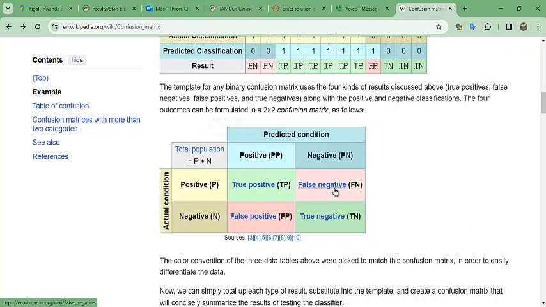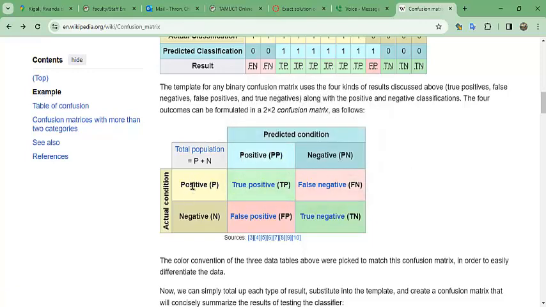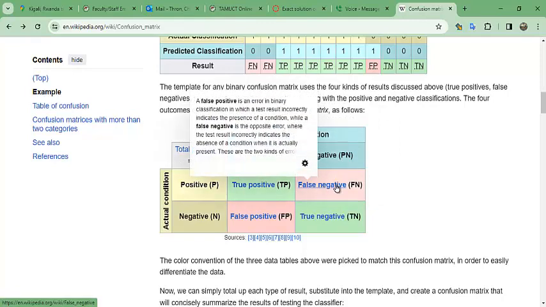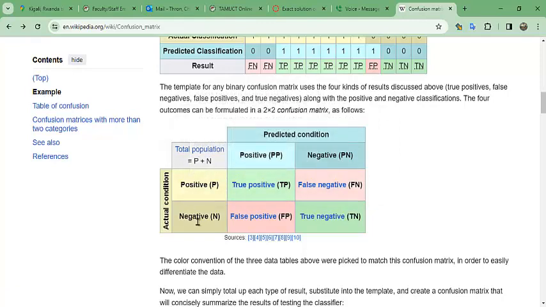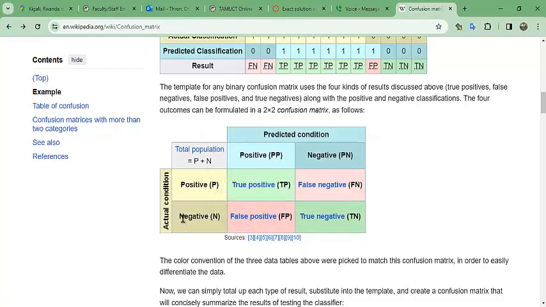Now, the terminology is introduced in this diagram here. Here's the same picture. The actual positive that is correctly predicted is called true positive. Actual positive that is incorrectly predicted is called false negative. Actual negative that is incorrectly predicted, false positive. Actual negative that is correctly predicted as negative is true negative.